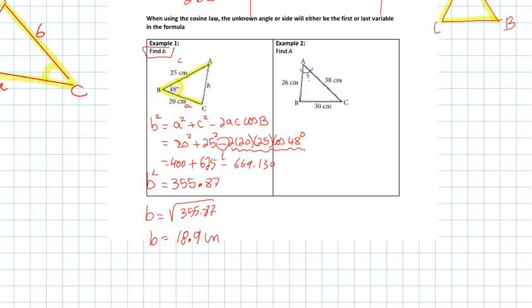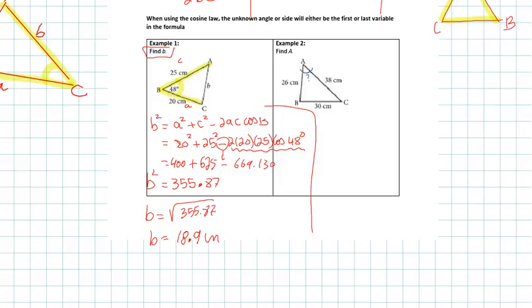Now, remember the two rules to use cosine: if I have 2 sides and the angle between them, or 3 sides. This is how you're gonna know if you're gonna use cosine law or not.